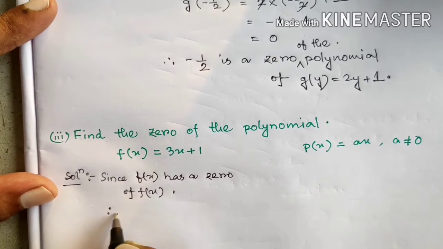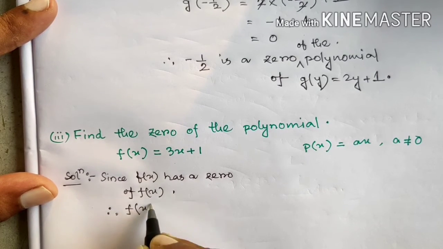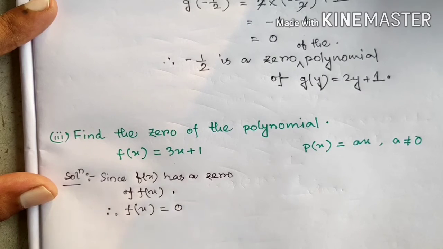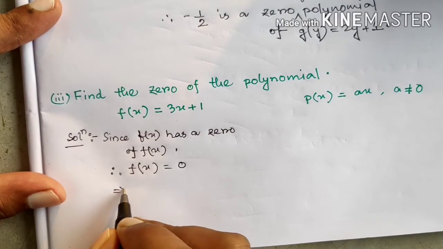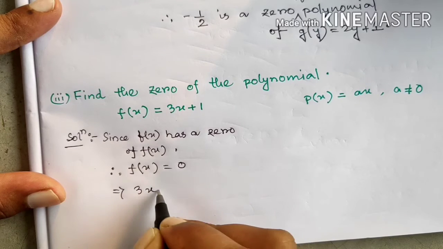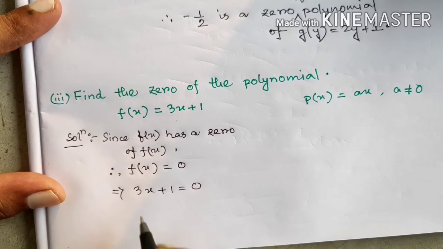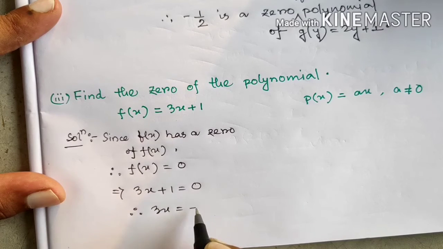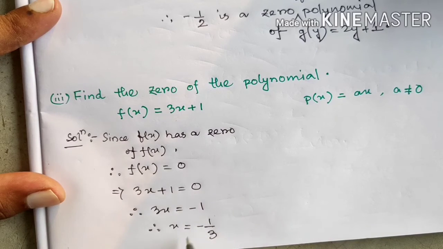Is it clear to you? Therefore 3x plus 1 equal to 0. Therefore 3x equal to minus 1. Therefore x equal to minus 1 by 3. Is it clear to you?